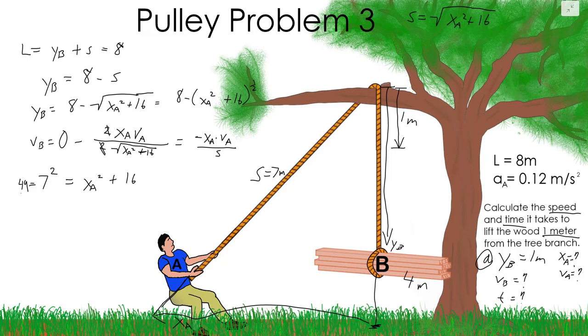So that gives you 33. So XA squared equals 33. So XA equals the square root of 33. That's in meters, obviously. So I just write that down to record it.